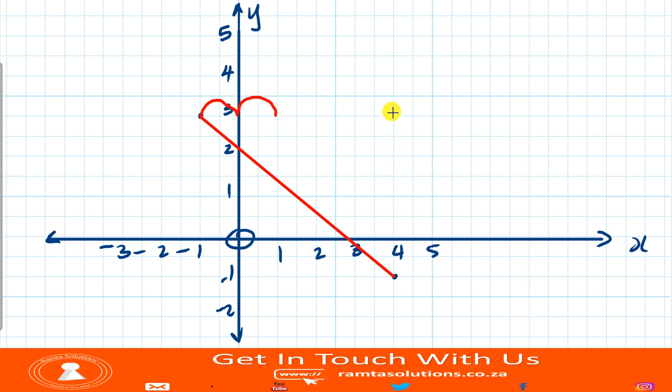So you need to move and a half. So this is 2 and a half, and this is also 2 and a half.